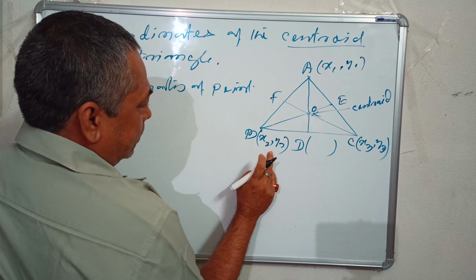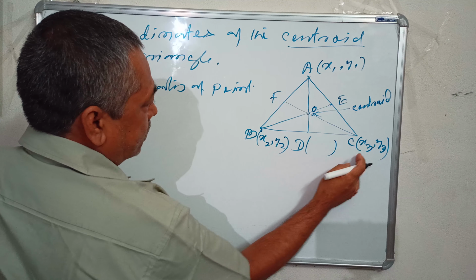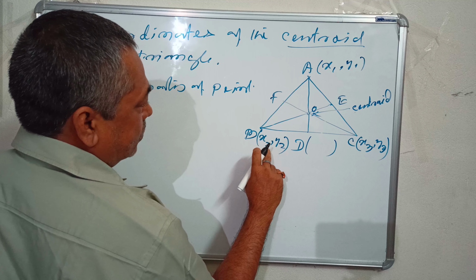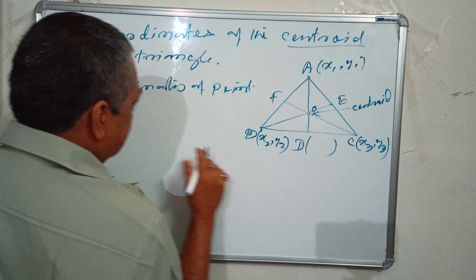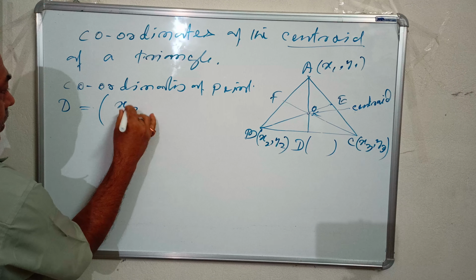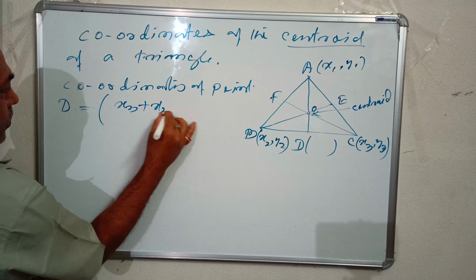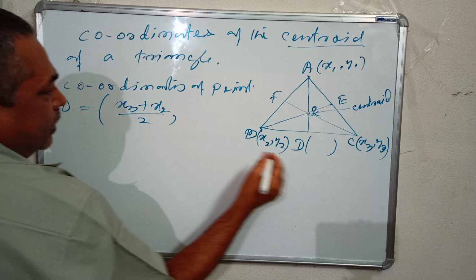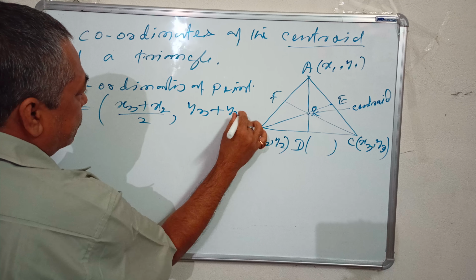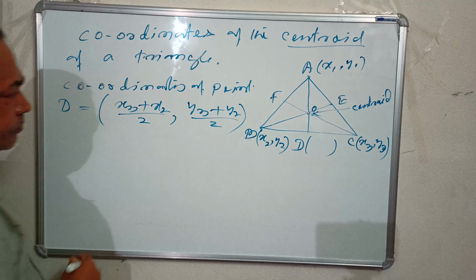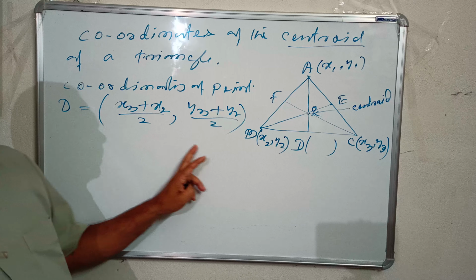If the points are (x1, y1) and (x2, y2), the midpoint is ((x2 plus x1) divided by 2, (y2 plus y1) divided by 2). Here that means (x3 plus x2) divided by 2 and (y3 plus y2) divided by 2. These are the coordinates of point D.